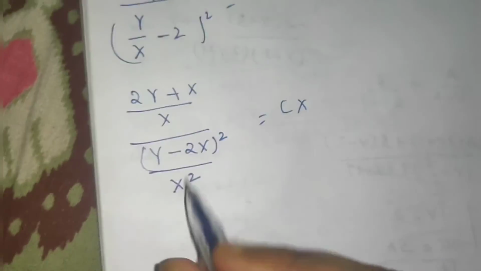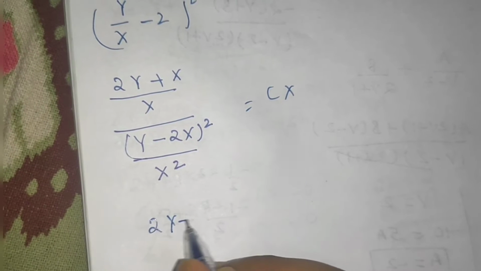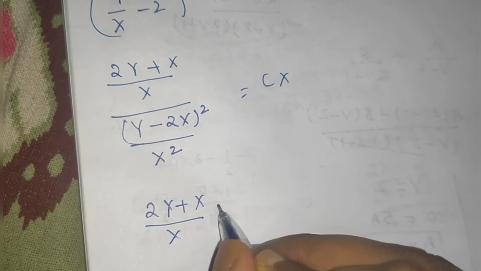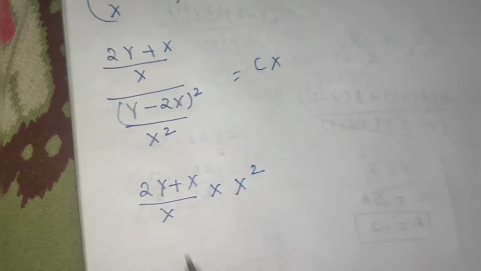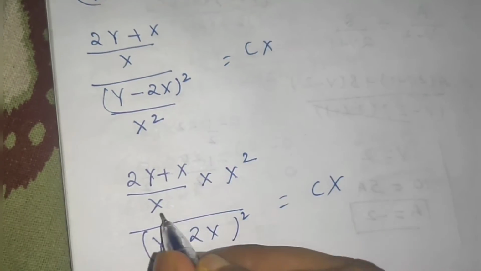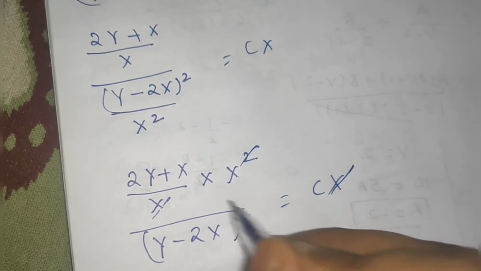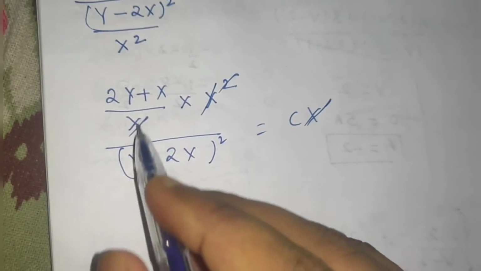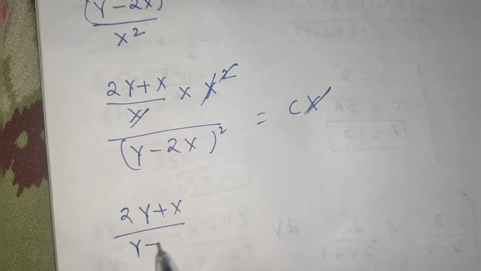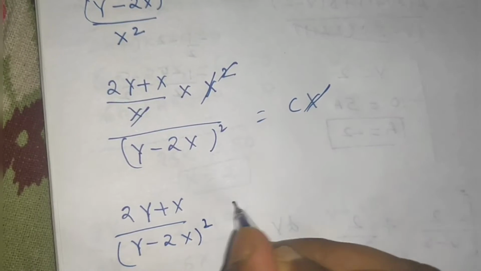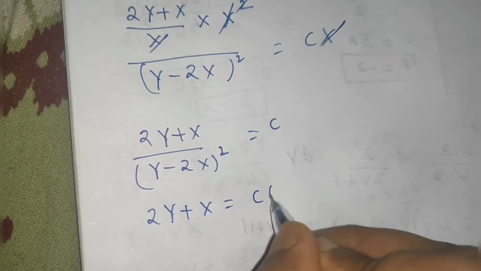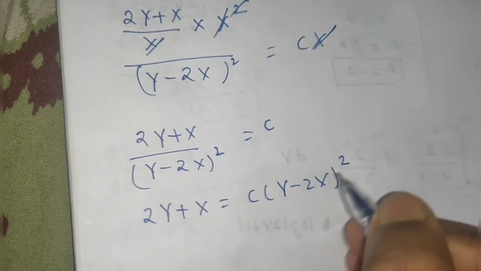So this will go up, so I will get (2y plus x) by x into x square divided by (y minus 2x) whole square equals cx. One x gets cancelled with this and one x with this, so x is gone. Now I'm getting (2y plus x) divided by (y minus 2x) whole square equals c, or 2y plus x equals c (y minus 2x) whole square.